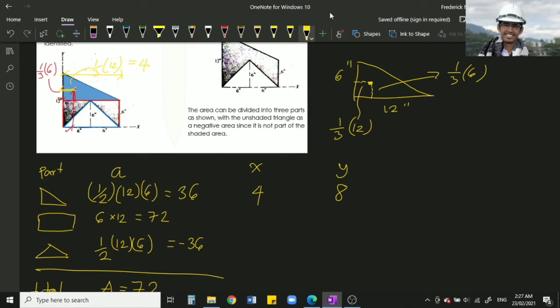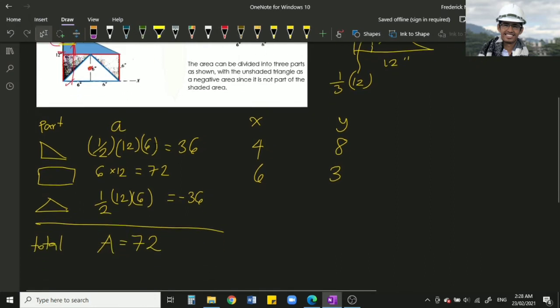So, for the rectangle naman, yung centroid is nasa gitna lang. No? So, gitna lang yung sentro. So, yung x natin will be 6. And yung y natin will be 6 over 2. So, that will be 3. Okay? And for the triangle naman dito, yung x naman is same lang din kasi symmetrical siya.